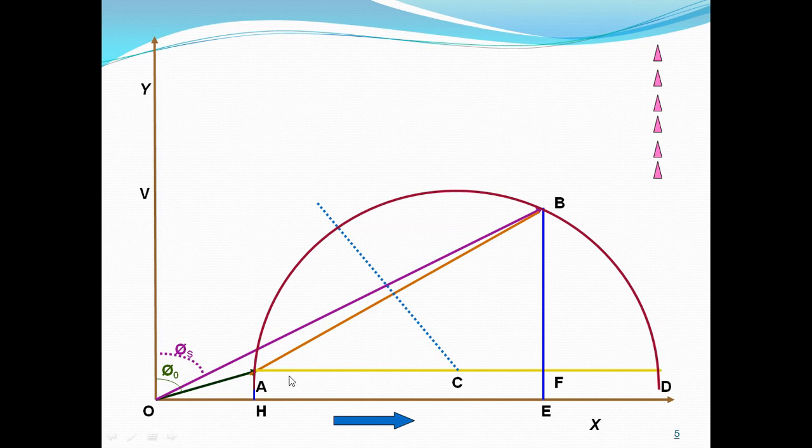Thus the length AH can be equated to the no load power W naught, which supplies core losses, friction and windage losses, and a small amount of stator copper losses.